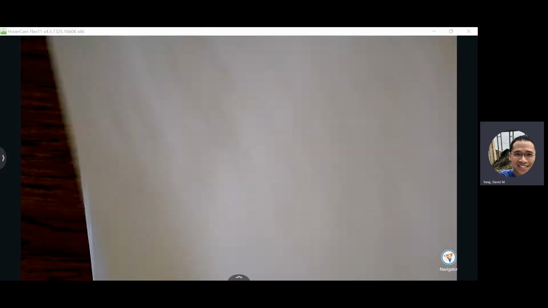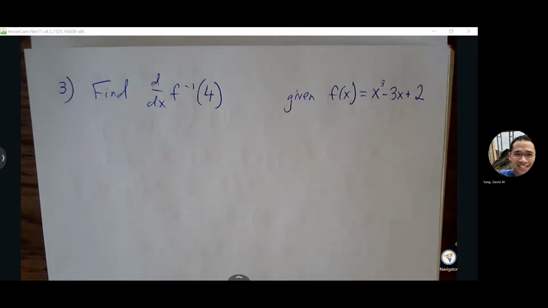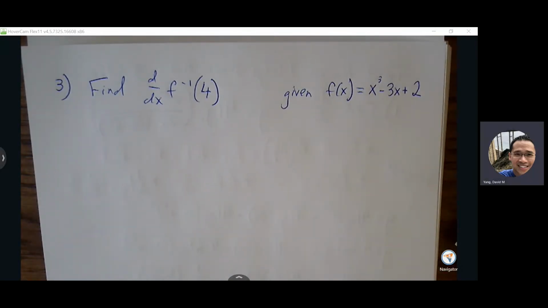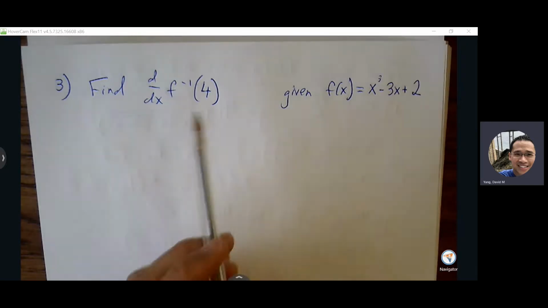All right, here's number 3. Okay, we want to find the derivative of the inverse at a point.